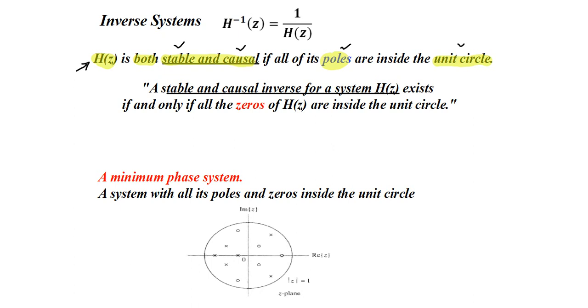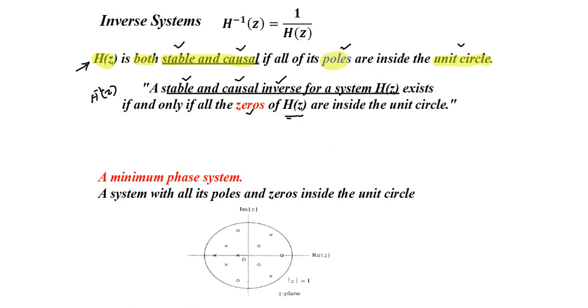Now we need to check the inverse of a system, h inverse of z. We need to check whether it is causal and stable. To determine whether the inverse of a system is causal and stable, we need to verify the zeros of h of z.